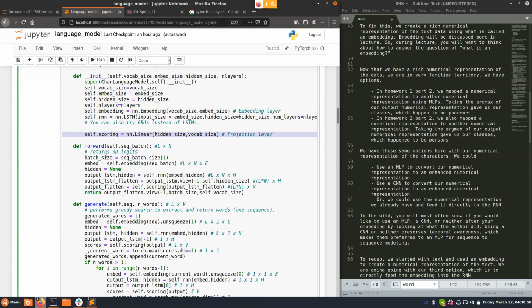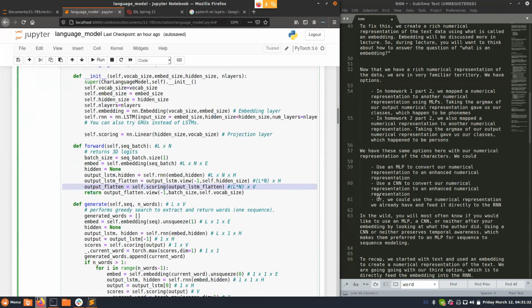During forward, we pass our batch to the embedding layer. We pass the embedding to the RNN layer, and then we follow the RNN layer with an MLP. So that's another thing to realize: we talked about going from a rich numerical representation to an enhanced numerical representation using an MLP, or just going directly.